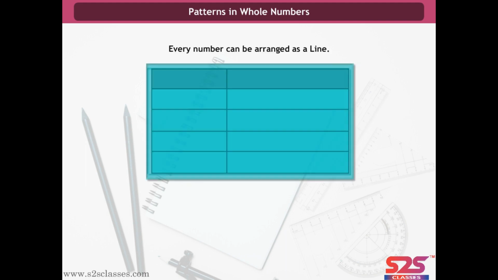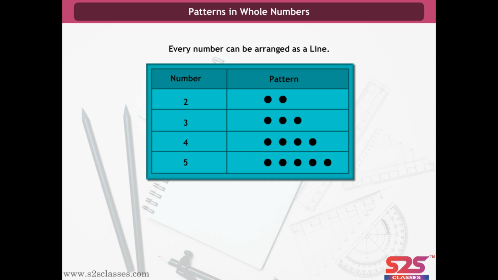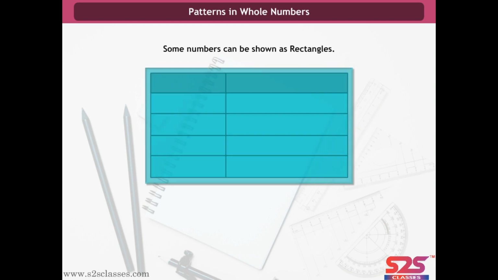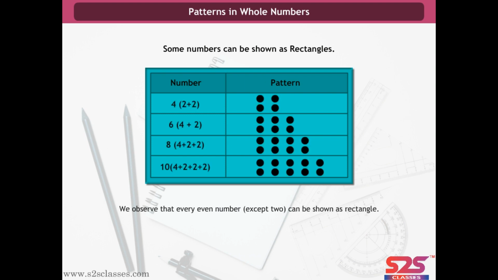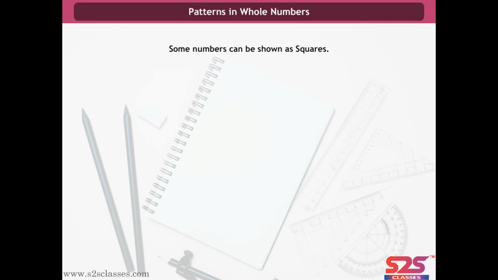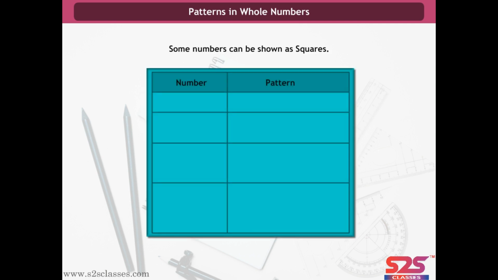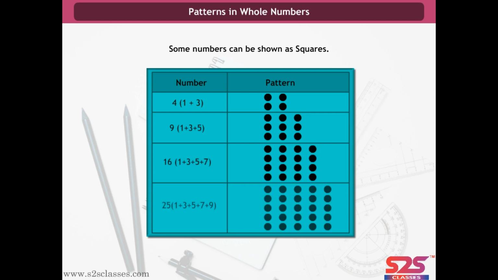Every whole number can be represented as a line, 2, 3, 4, 5 and so on. Some numbers can be shown as rectangles such as 4, 6, 8, 10 and so on. Also, some numbers can be shown as squares, 4, 9, 16, 25 and so on.